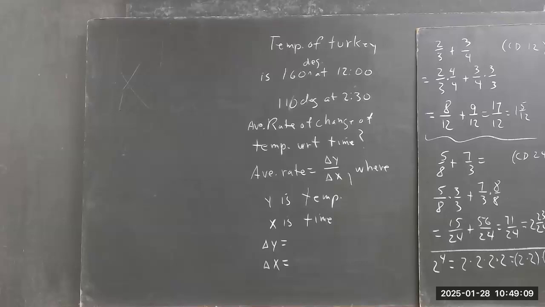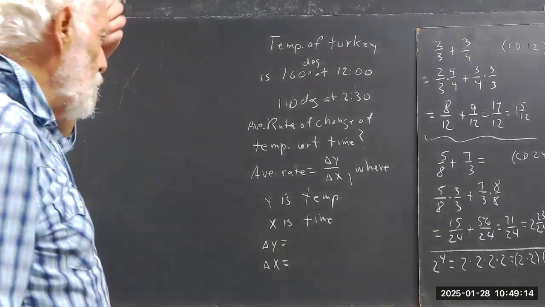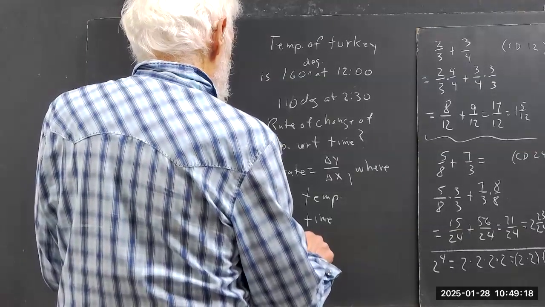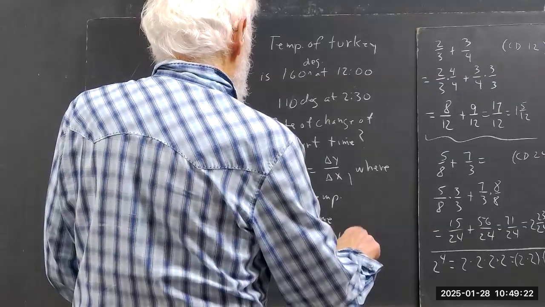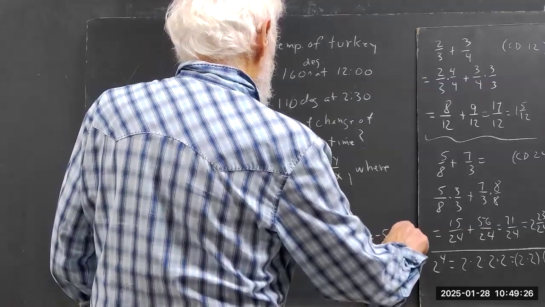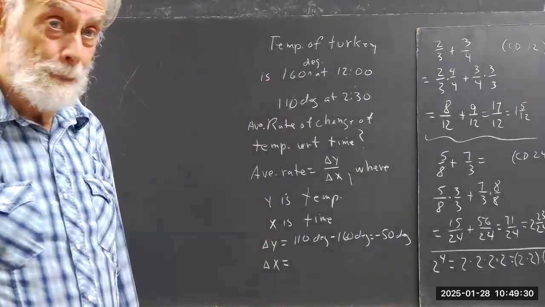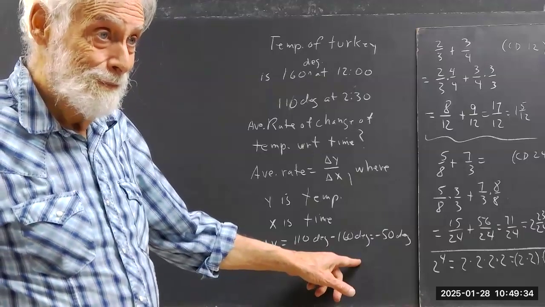Okay, what everybody did is mostly right, real good. But the average is obviously going down, right? Now you take the later minus the earlier.